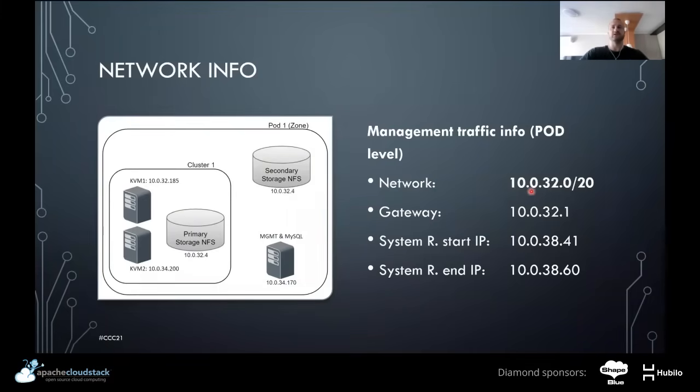It's /20, not /24. And system reserve start IPs and system reserve end IPs, that's a small IP range that we will give to CloudStack, from which CloudStack will assign IP addresses for the management interfaces of the system VMs. So secondary storage VM, console proxy VM in our case, and that's it. This is the pod, the management traffic info for the pod.